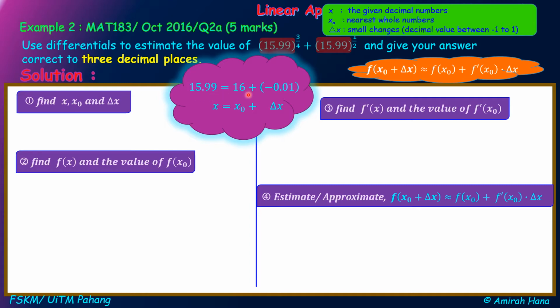Then we split it into 16 plus something to get back 15.99, which means we need to add negative 0.01, because 16 plus negative 0.01 gives back 15.99, the given decimal number.